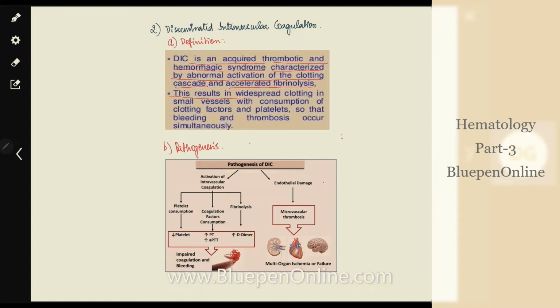This results in widespread clotting in small vessels with consumption of clotting factors and platelets so that bleeding and thrombosis occur spontaneously. A very difficult disease to manage because the patient will have bleeding on one end and thrombosis simultaneously.